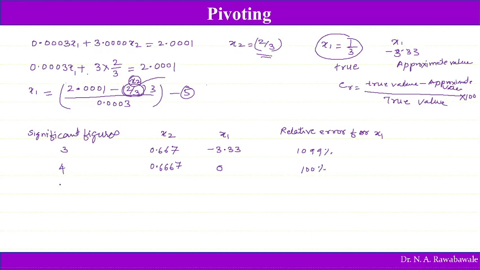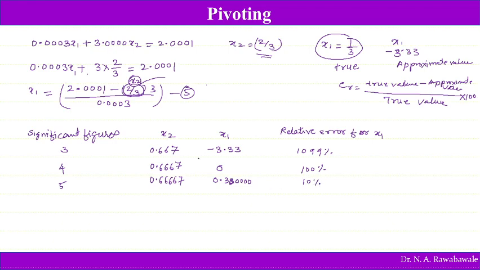And if we take it up to 5 significant figures, the x2 value, that is 2 by 3, as 0.66667, then the x1 value yields as 0.3, and then this error reduces to 10%.